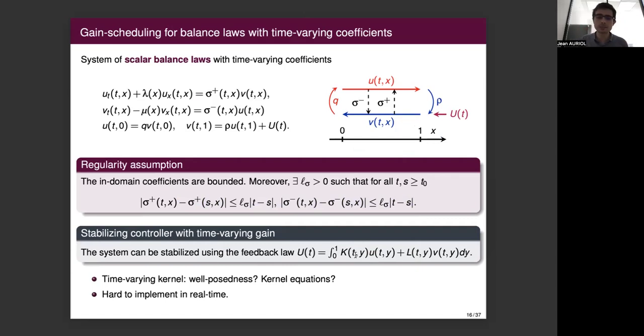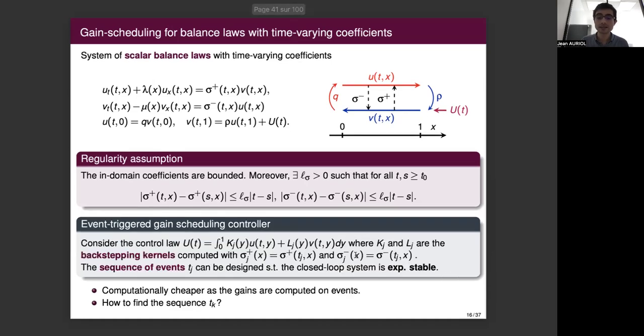However, time varying kernels can be problematic because it means that you need to update them at every time instance. So it can be computationally extremely expensive, and so it can be hard to implement such a controller in real time. This is why we proposed, grounding on some results by Iasson Karafyllis, with Nicolas Espitia an event-triggered gain scheduling controller.